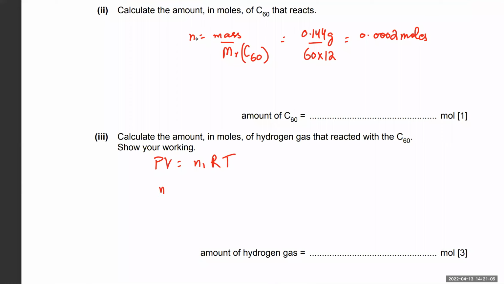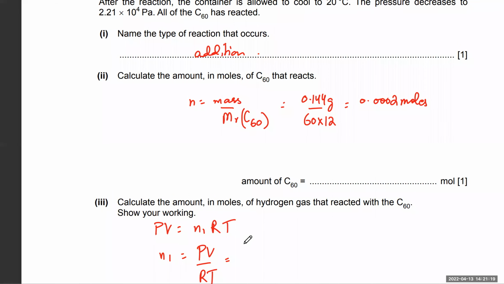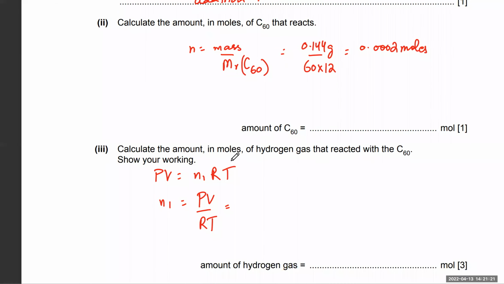So moles would be PV divided by RT. And don't directly jump into writing numbers on the paper. Write the expression that you're trying to solve, so that in case you make some silly mistakes, at least they'll look at your working.